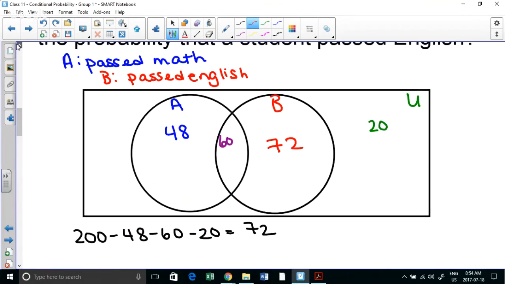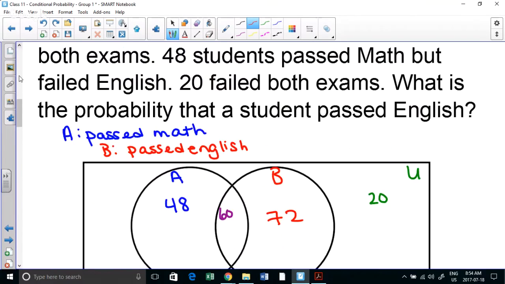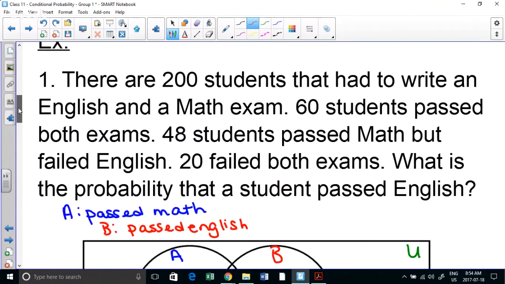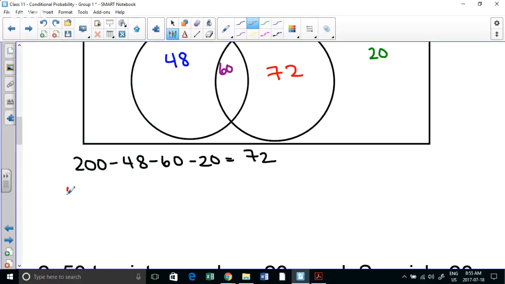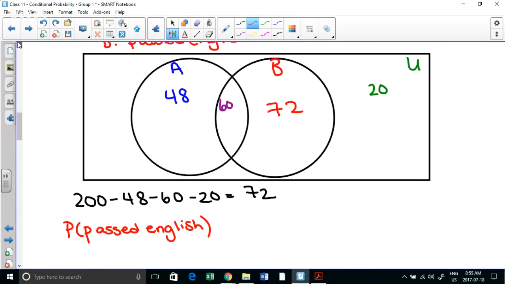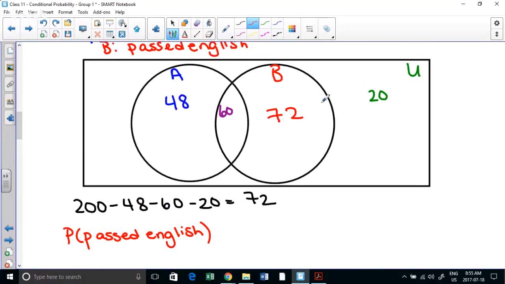The question asks me, what is the probability that a student passed English? So probability of passed English. We remember that we have the number in the English, so we have everything in the English circle. So I'm going to take 60 plus 72.